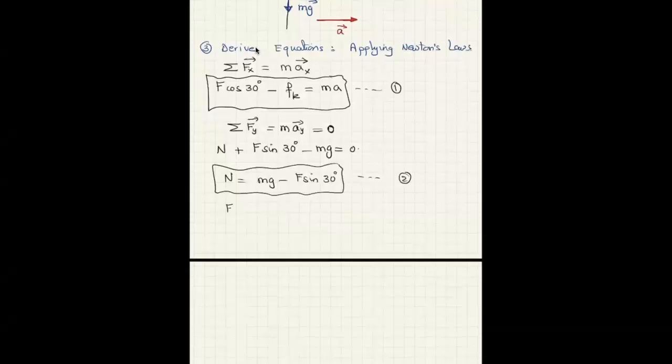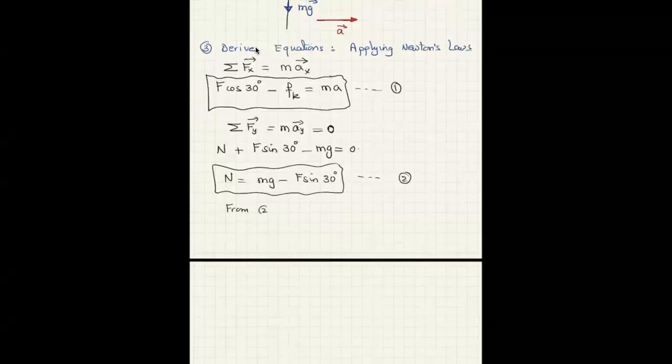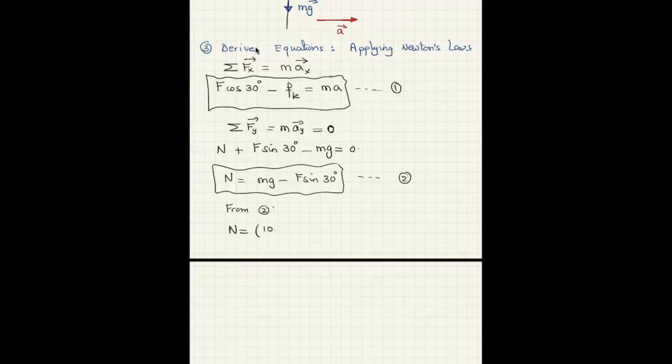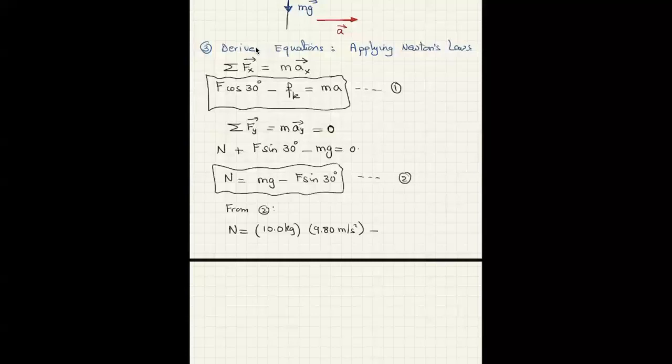Then from 2, I can say normal is, okay, this is 10 kilograms, 9.8, minus the force, which is 40 newtons, times sine 30.